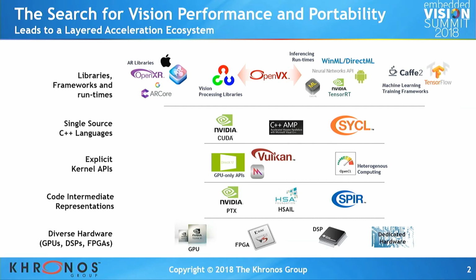And at the top, we have the application libraries, the use cases that are most interesting in the industry right now, things like AR and inferencing. And then those layers, as you go down through, will be trying to use one or more of the layers underneath them to reach into the underlying hardware for efficient acceleration.